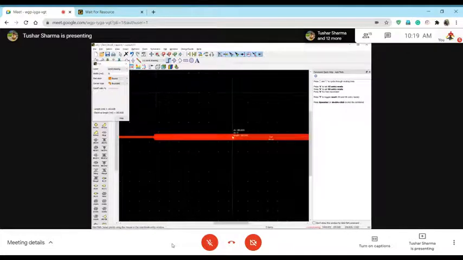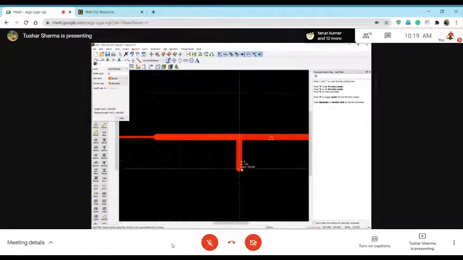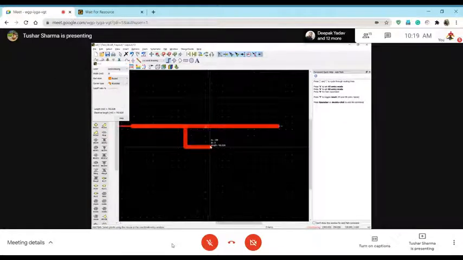And say this is 400 length, and this is 160. So 400 and 160, 560. Then I go another 200. 560 and 200, 760.